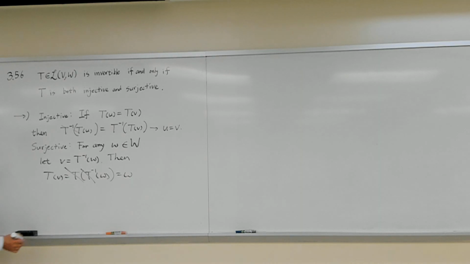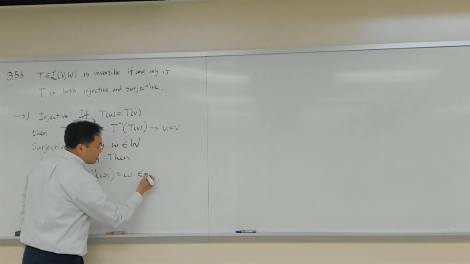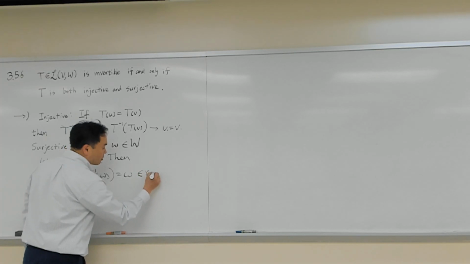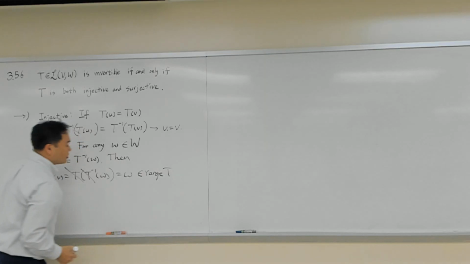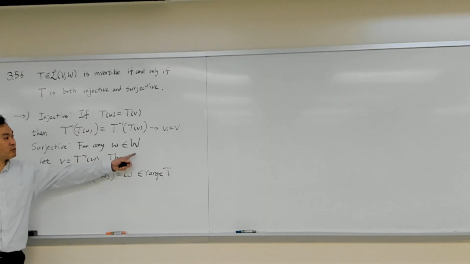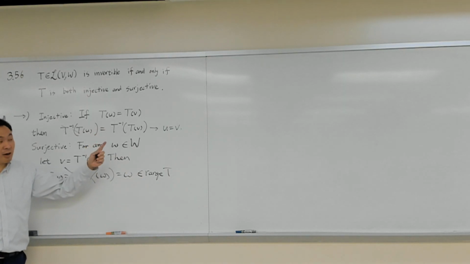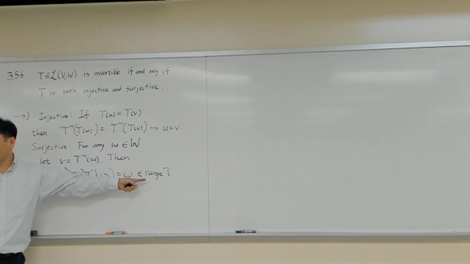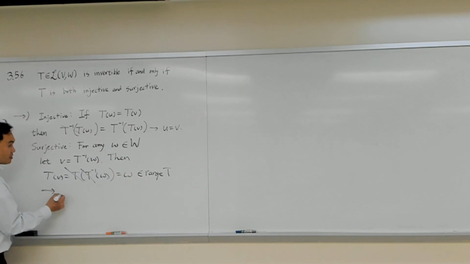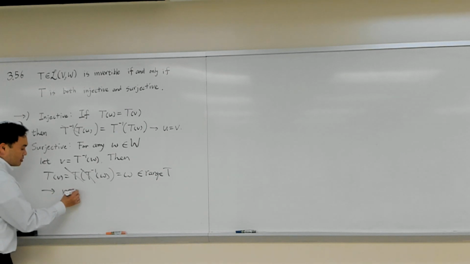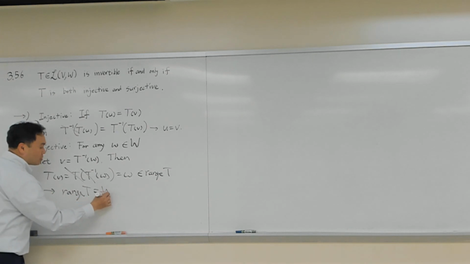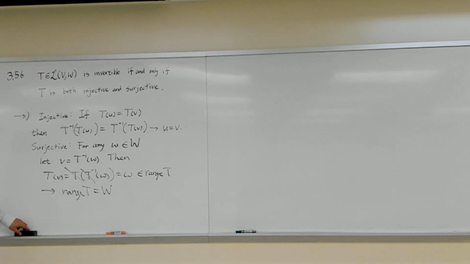So that shows that W is in the range of T. Since range of T is a subspace of W, then this being inside here, that inclusion is obvious, but now we've seen that anything in W is in range of T, so that shows that range of T is equal to W, and that's how you prove surjectivity. Okay?